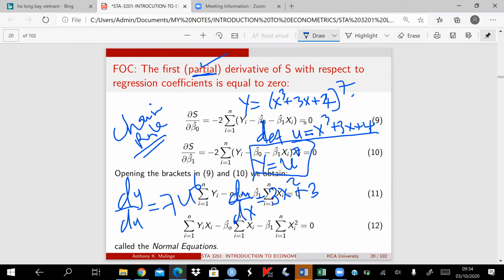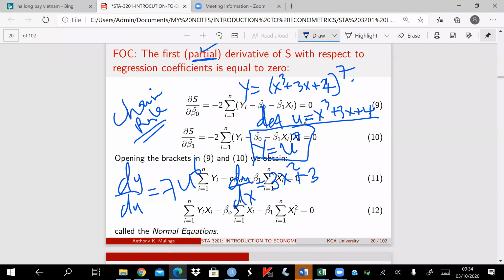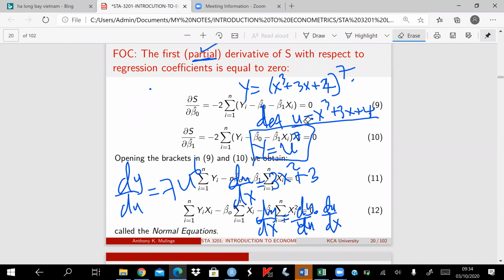Remember we're looking for dy dx. This will be given by dy du multiplied by du dx. You just need to get the product of those two. This is a concept that will be applied in this kind of differentiation. So dy du, we already have.